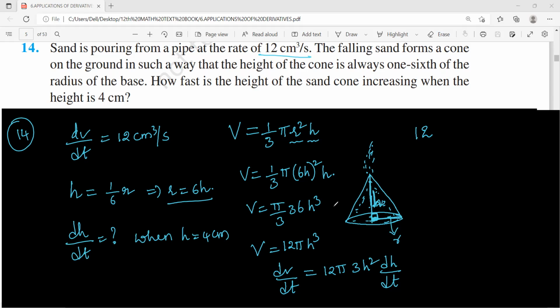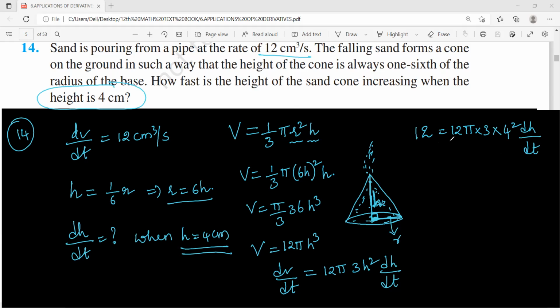This 12 centimeter cube per second is equal to 12 pi into 3 times h square. What is h here? When h is 4 centimeters, so 4 square into dh by dt.